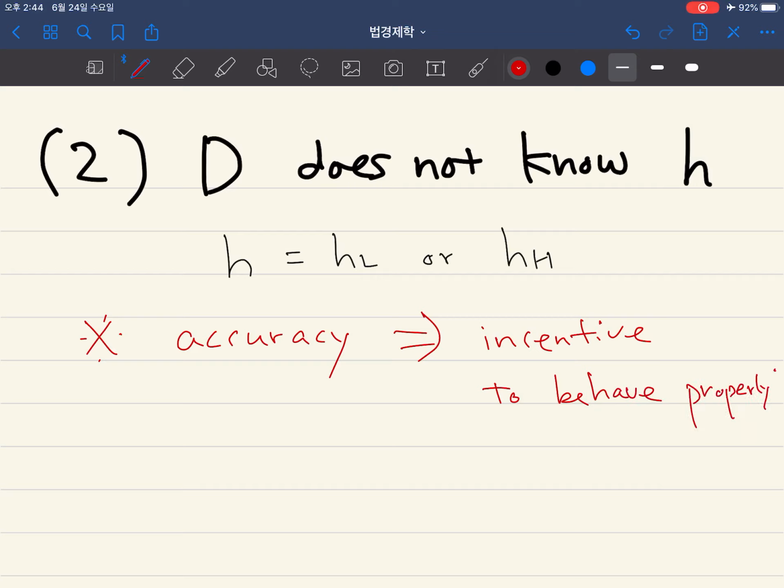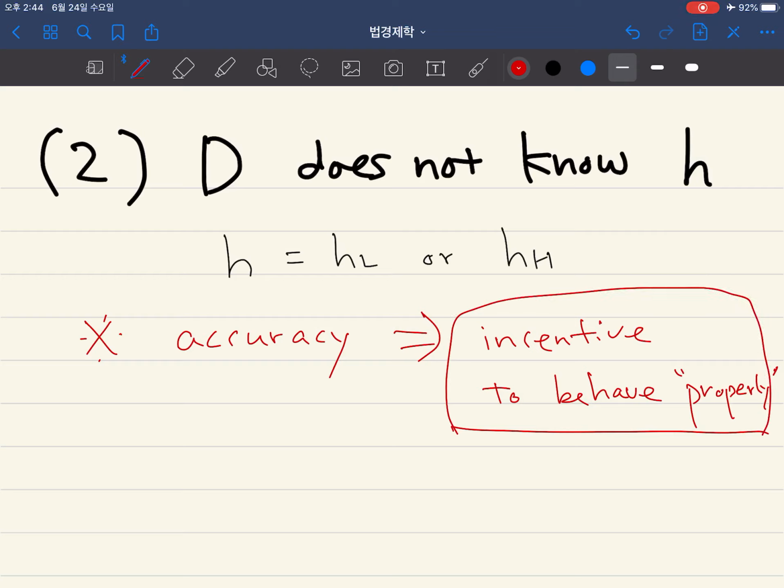Last time we saw if the court makes an accurate decision, then the defendant is gonna be more careful when harm is big and less careful when harm is small, and actually that's what society wants. So this was the benefit of accuracy.